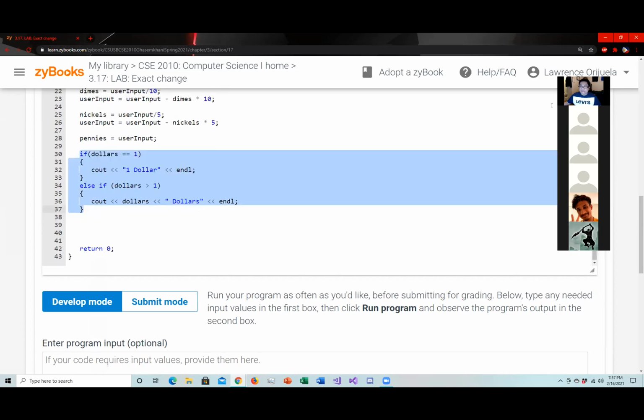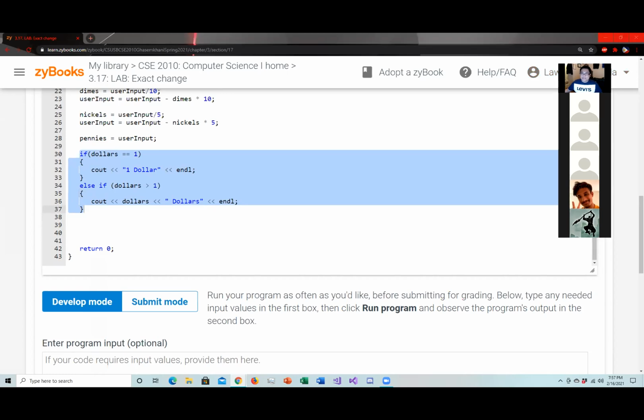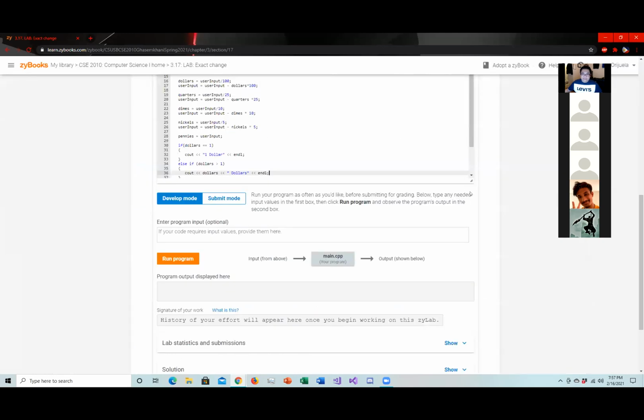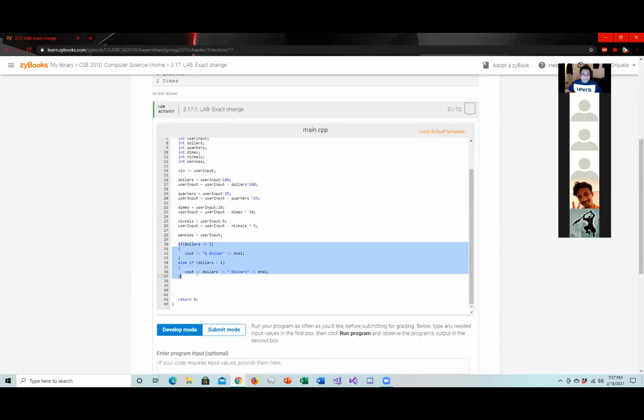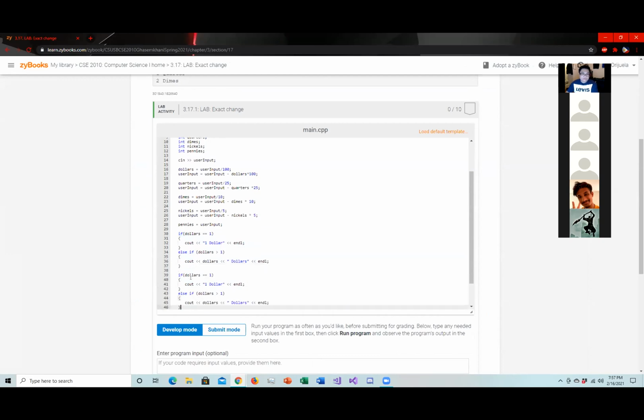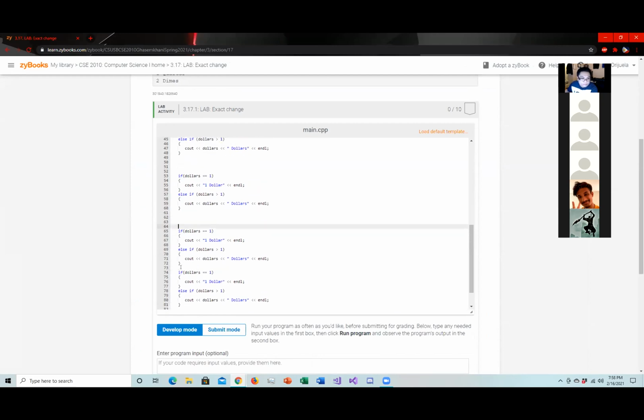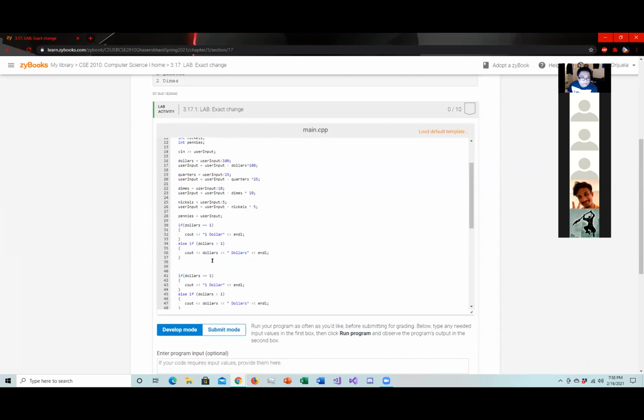So if it's okay with you guys, I hope you don't mind, but I'm going to go ahead and copy paste this since this is almost the same. So dollars, quarters, dimes, nickels. We put some space between so we can distinguish them. Okay.